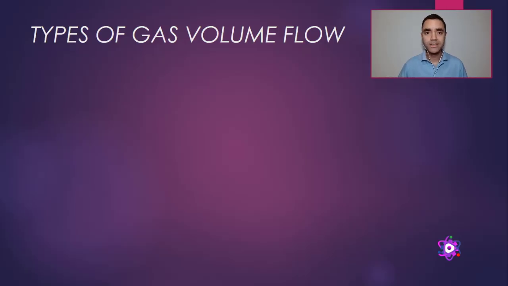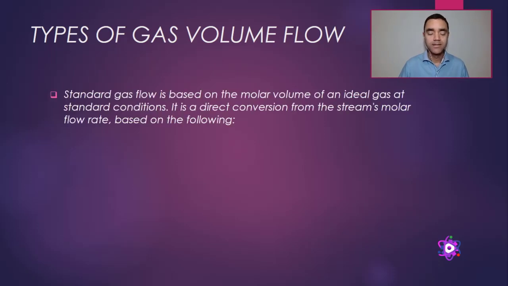Up to this point, we talked about liquids, but you must also be aware when dealing with gases, because Aspen HYSYS uses molar volume as an ideal mixture at the standard conditions to do the calculations of volume flow of gases.